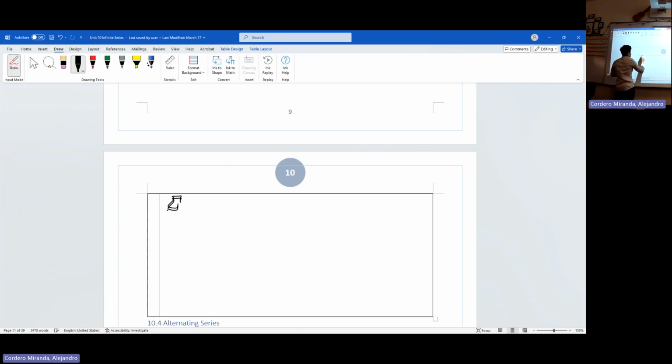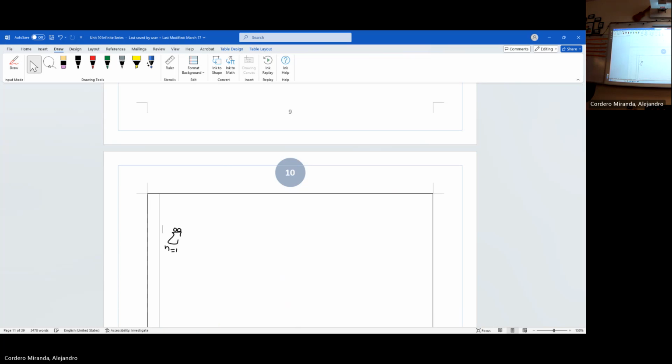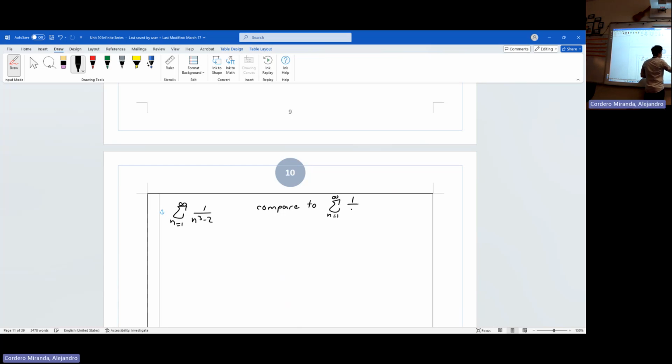The original series that I want to figure out is this one, 1 over n cubed minus 2. I'm comparing it to this one. You guys already know. Just so we have it on the same page.